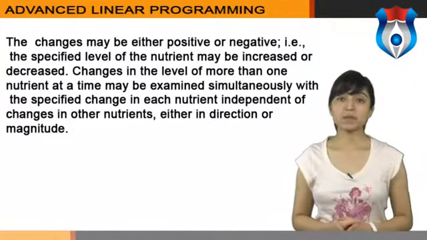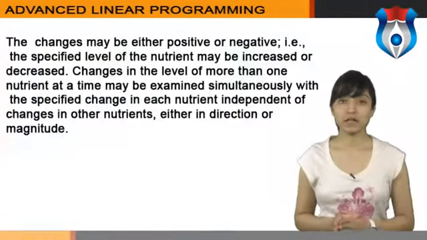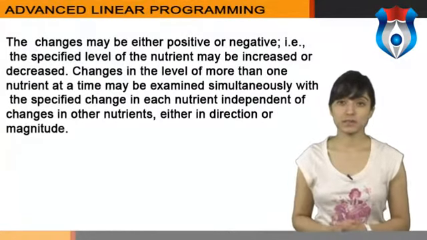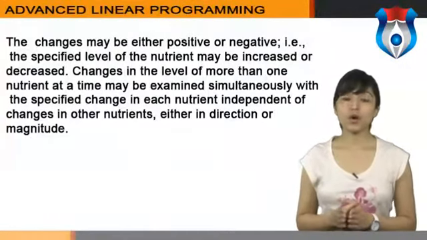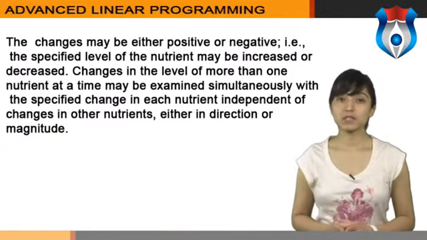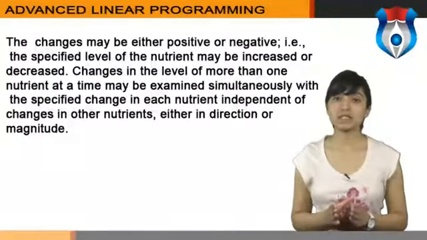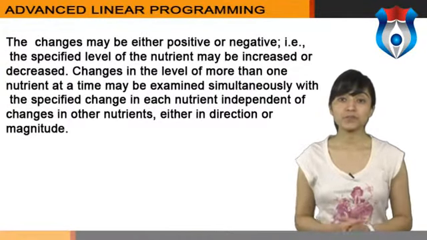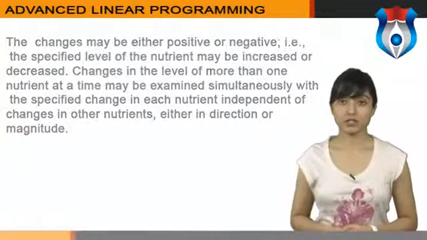The changes may be either positive or negative, that is, the specified level of the nutrient may be increased or decreased. Changes in the level of more than one nutrient at a time may be examined simultaneously with the specified change in each nutrient independent of changes in other nutrients either in direction or magnitude.